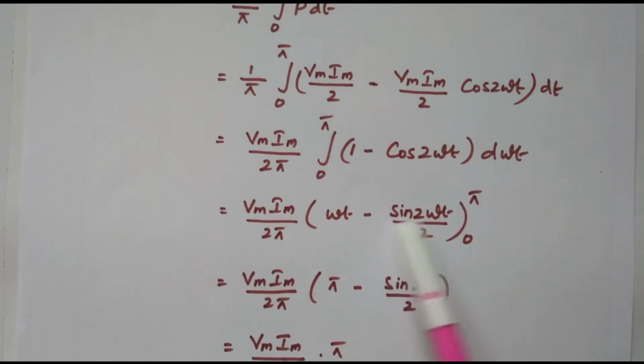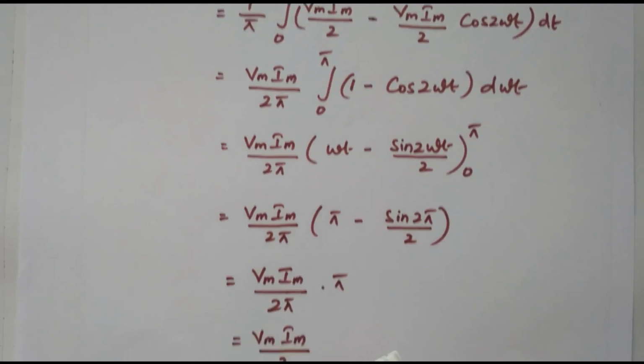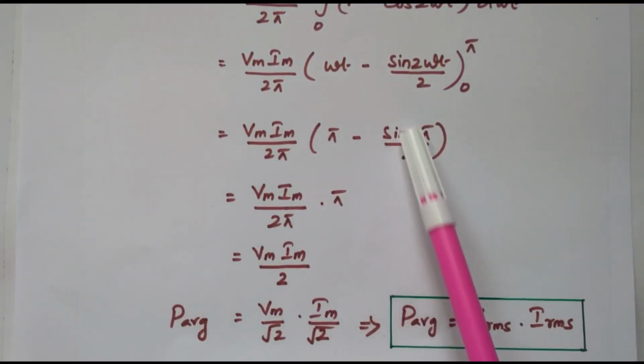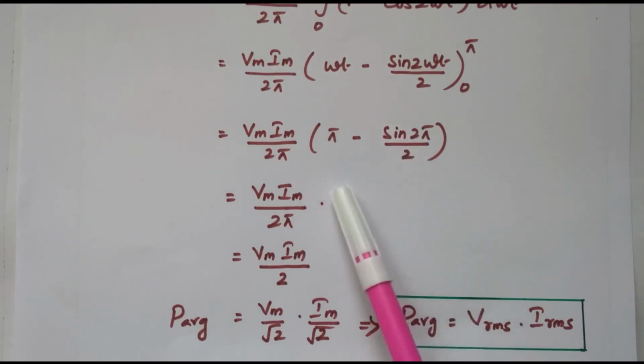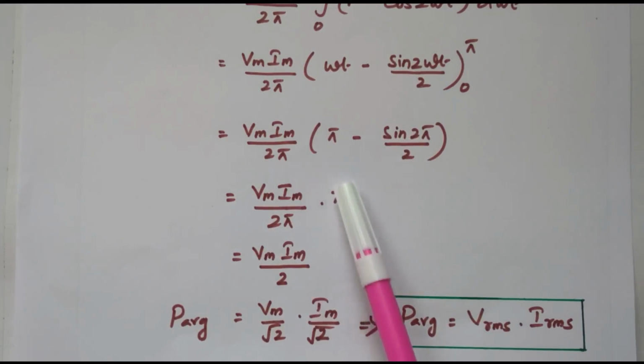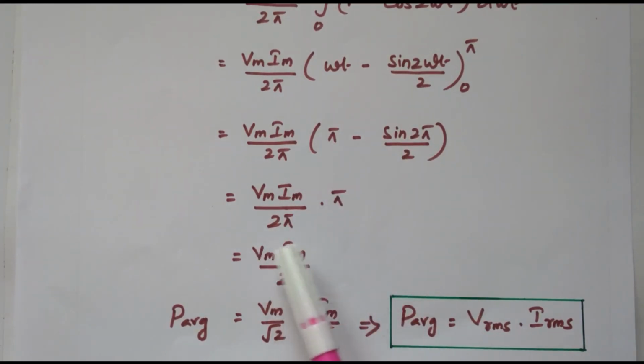The lower limit is 0, so sin 0 is also 0. The sin 2 pi is also 0. So only we have pi. Vm Im divided by 2 pi into pi. This pi got cancelled, so we have Vm Im divided by 2.